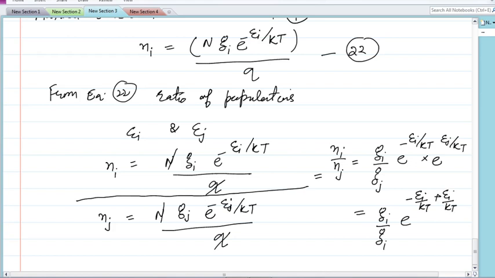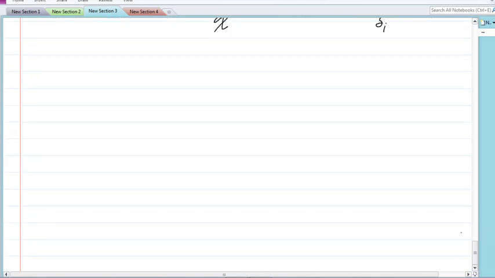If bases are the same, we can take the base and also take the negative outside. So we will simply write ni upon nj will be equal to gi upon gj e raised power minus, taking the negative outside, ei minus ej upon kt.